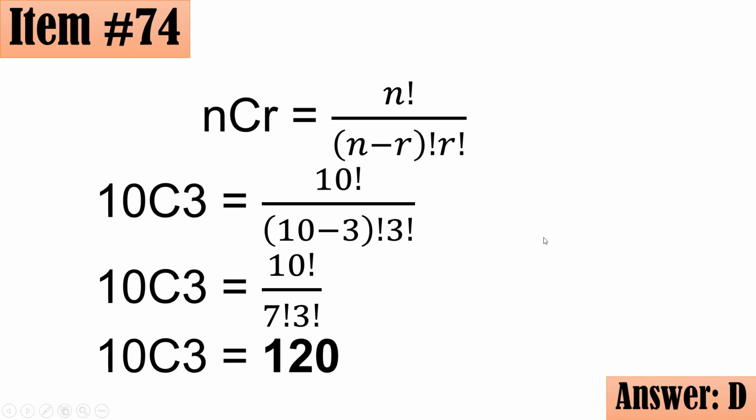So letter D po, yung tamang sagot dito. Do we have questions po or clarifications about this problem? Okay, none so far. Thank you so much.